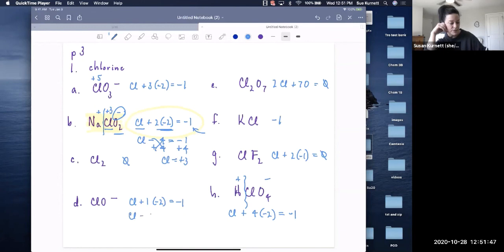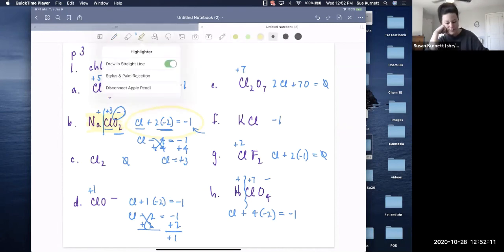Chlorine minus 2 equals -1, add 2 to both sides. +1. Okay, so it's kind of messy there. I'll go ahead and highlight my answers, but if you have questions, please let me know.